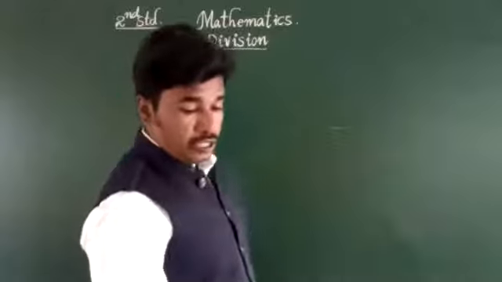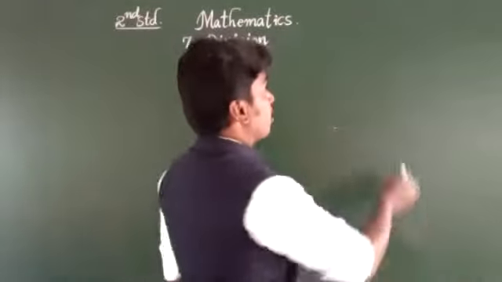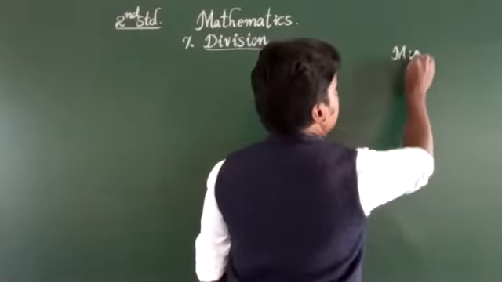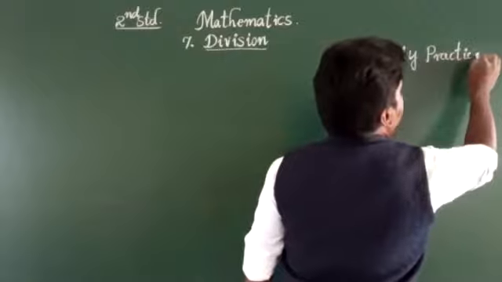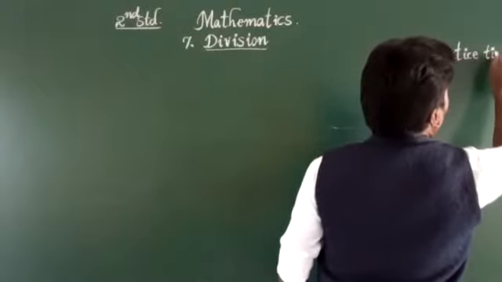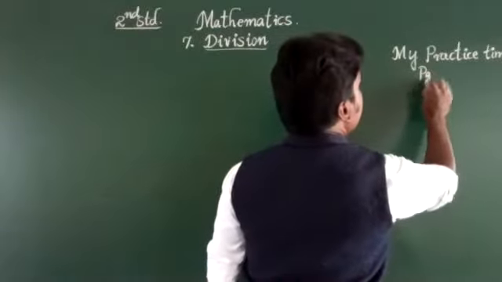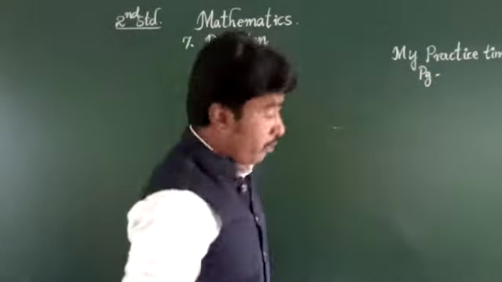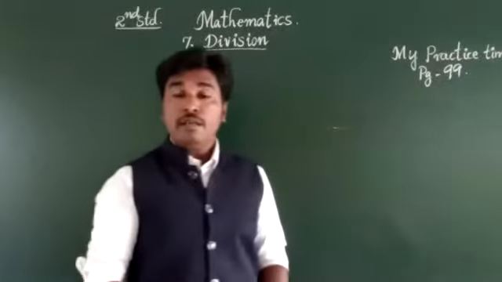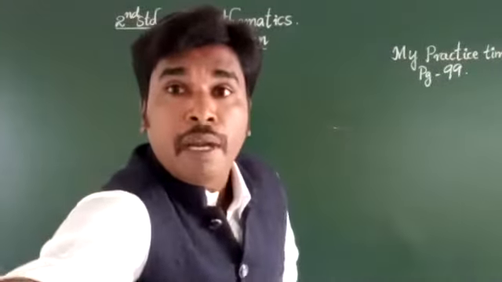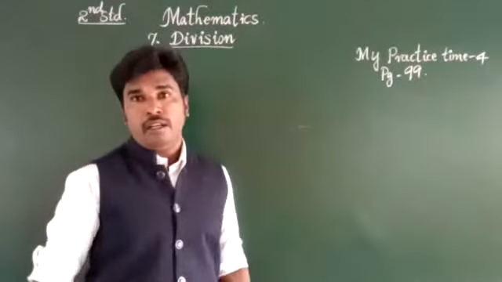So dear students, once again I am going to take some questions and explain. These questions are in My Practice Time 4 in your textbook, on page number 99. Please observe carefully and do the remaining questions at the end of this period.